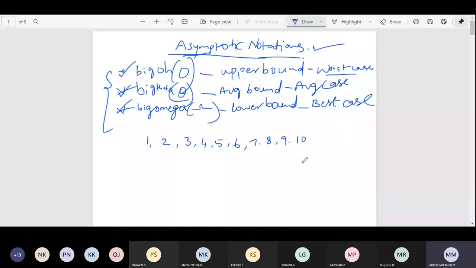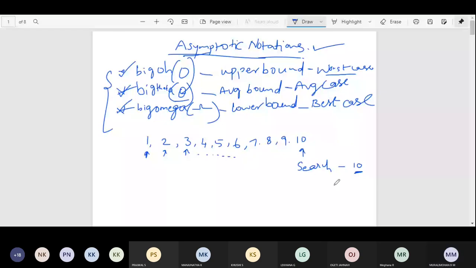I want to search for the key 10. First I will compare this 10 with 1. It is not matching. Next I will compare 10 with 2. It is not matching. Similarly with 3, it is not matching. Like this I will keep on comparing. When I reach this place, these two are matching. Then it says that a match is found.